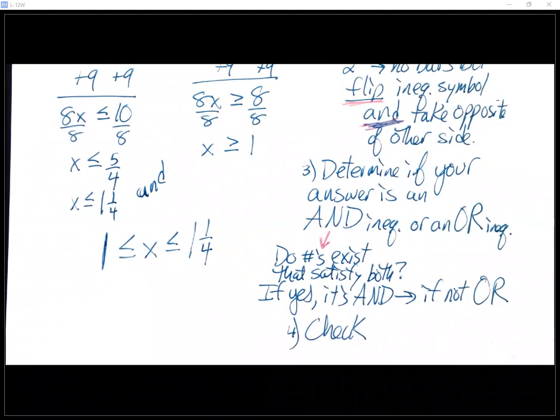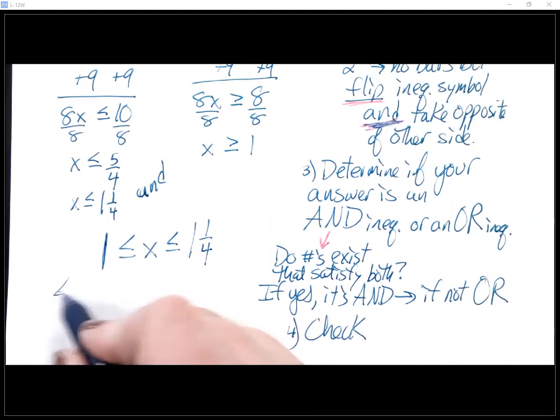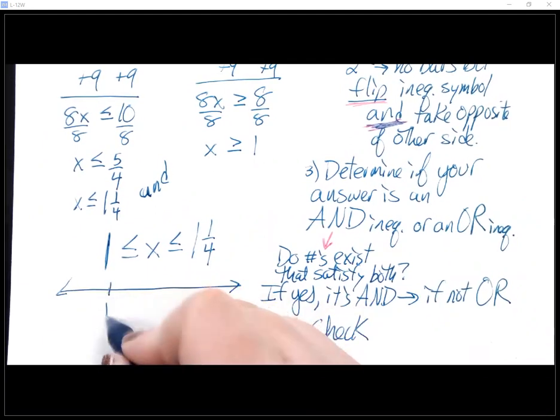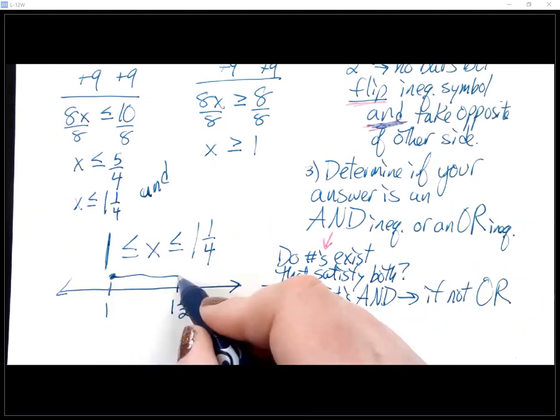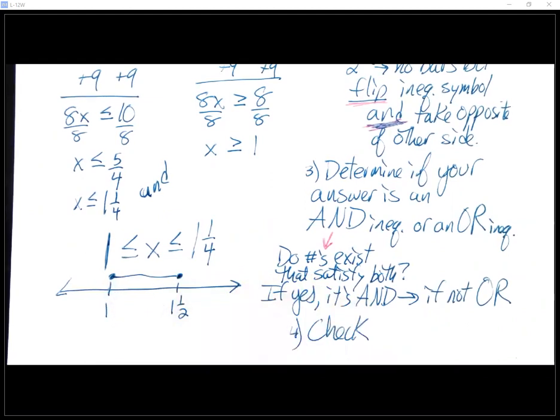And so if I need to graph this thing, I'll just have 1, I'd have 1 1/4, solid on each, shade in between. Is that so bad? Hopefully not.